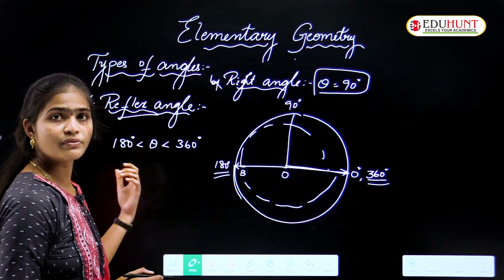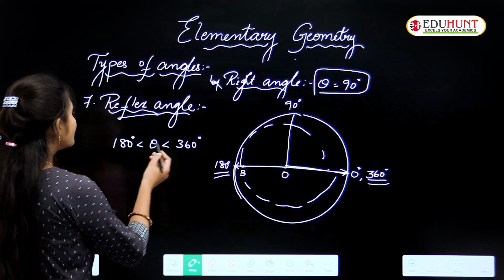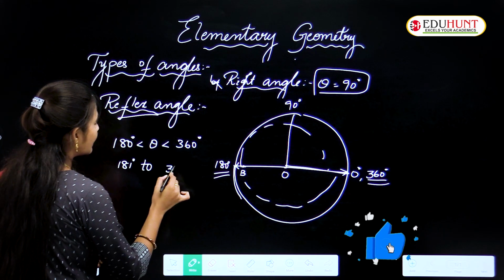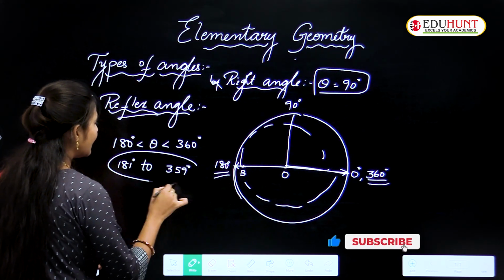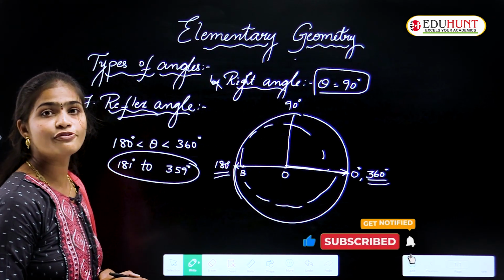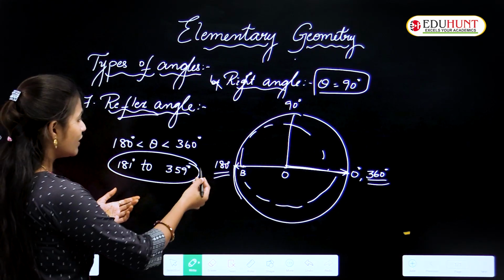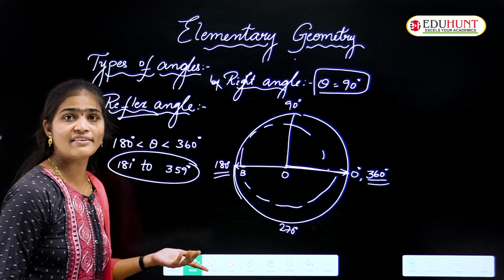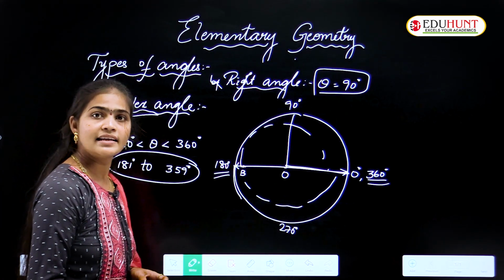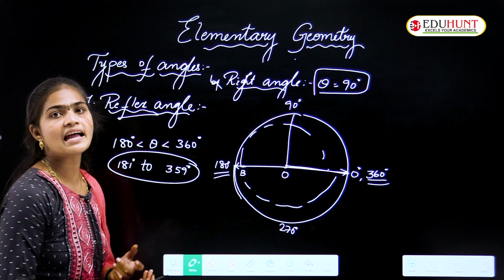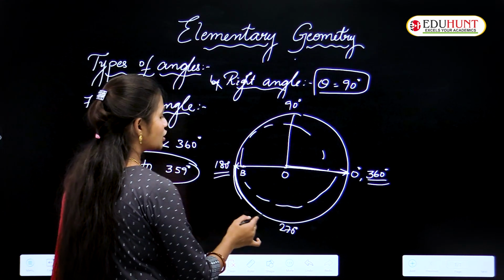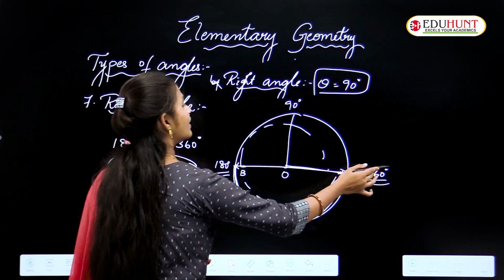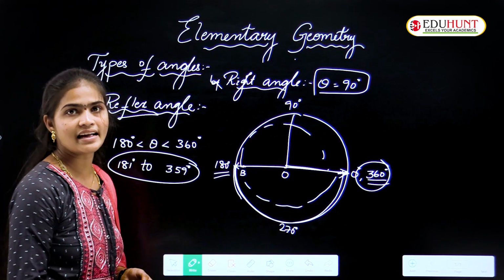Any angle from 181 degrees to 359 degrees we call a reflex angle. In between 180 and 360, we also get 270 degrees. So 270 degrees is which type of angle? Yes, 270 degrees is a reflex angle. After completion of this rotation, it coincides again with the initial ray, so we can form the complete angle.